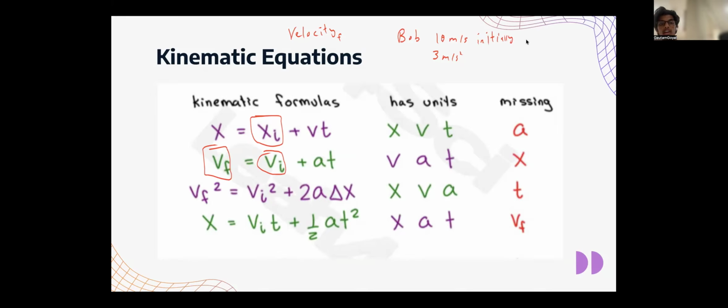So if Bob starts accelerating by 3 meters per second squared for 3 seconds, and it's asking for its final velocity, what is final v? This is how we can use this equation to help.